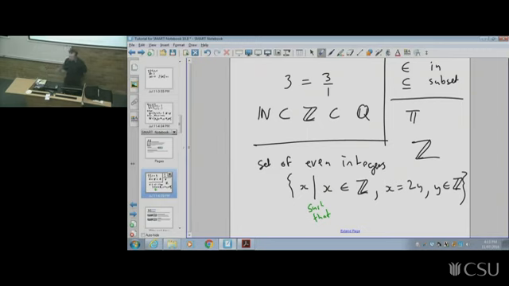I just want to put a bit more out here so you can understand. So we've got a set of x's such that x is an integer and x equals 2y where y is an integer. That's how I read that out loud. We've got a set of x's such that x is an integer, x equals 2y and y is an integer. That's exactly what it says. So "such that", I guess, is the answer to your question. Is 0 even? Yep.